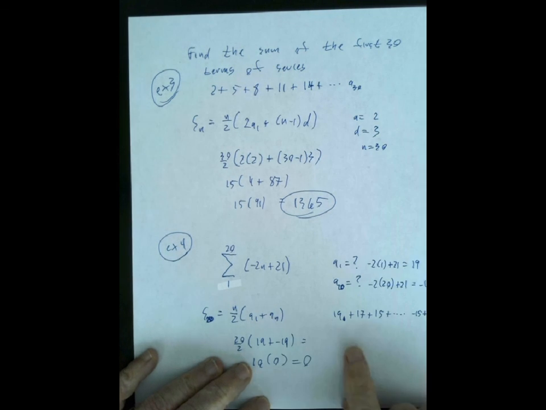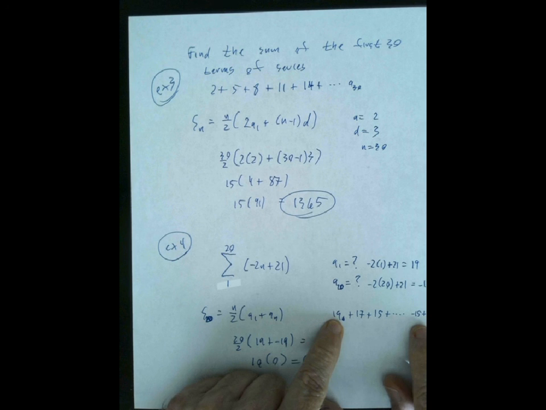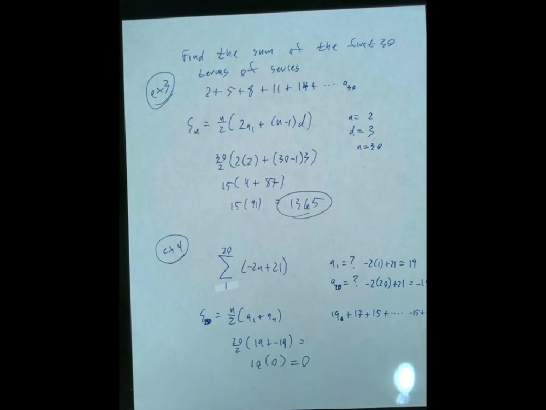If we wrote them out, you would see that each positive number in the first part of the series has a corresponding negative number in the second part of the series. So they add together and cancel each other out. So in this case, they add to give us 0. Okay, so that's how that goes.